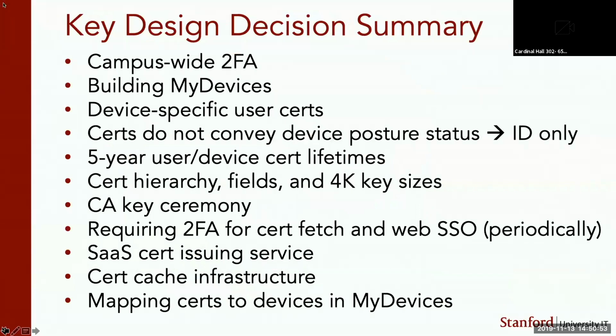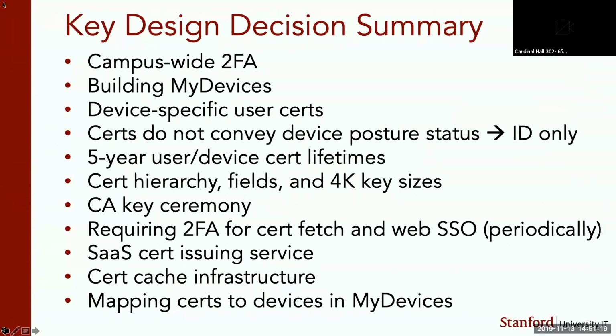And we discussed a lot whether or not we should revoke these certificates when the corresponding device is no longer compliant. But we decided instead to keep that ephemeral state information in My Devices, whether something's currently compliant or not, because that could change from moment to moment.